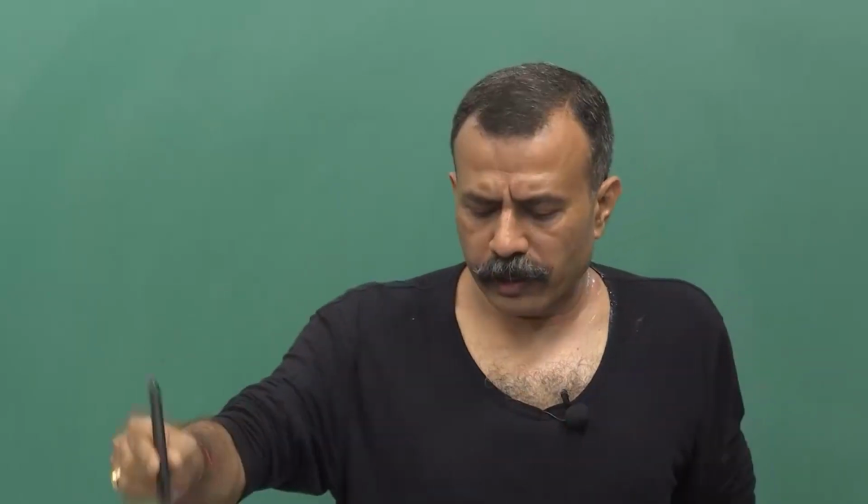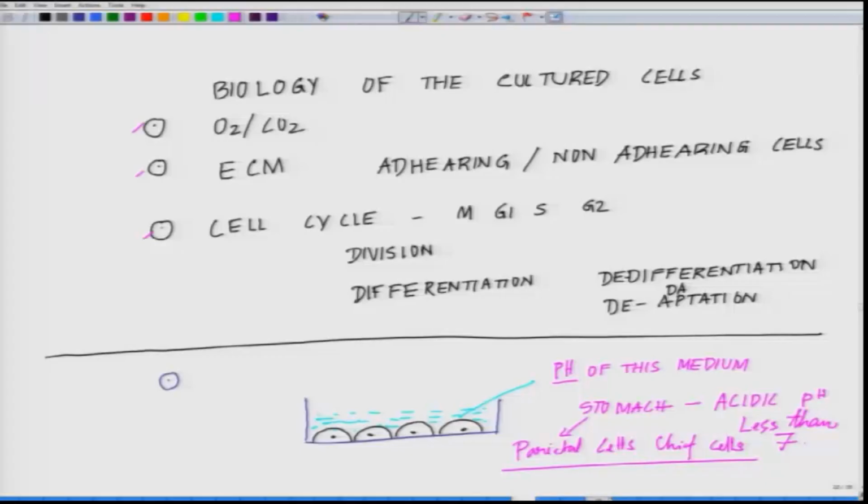So, for a transient period of time, if I have a pH scale in the stomach, say this is 7, and these are my values below 7, less than 7.